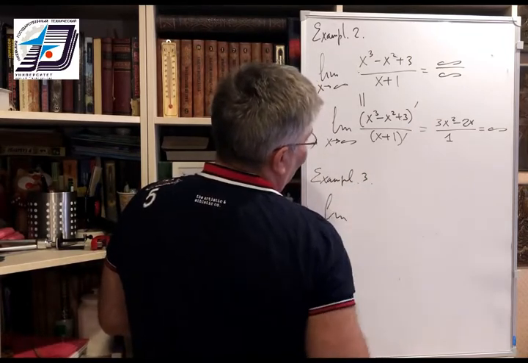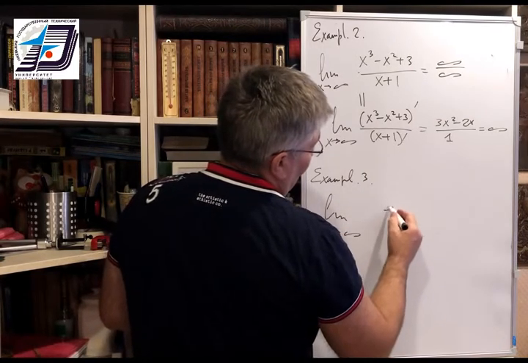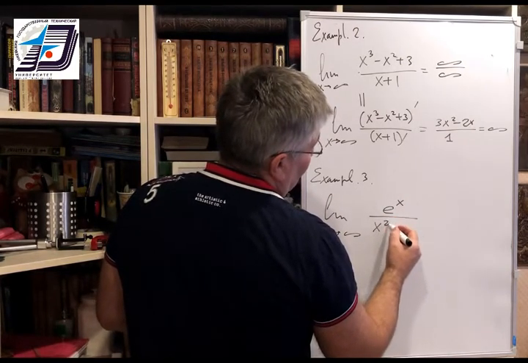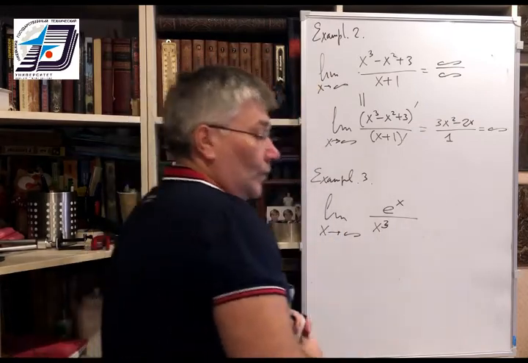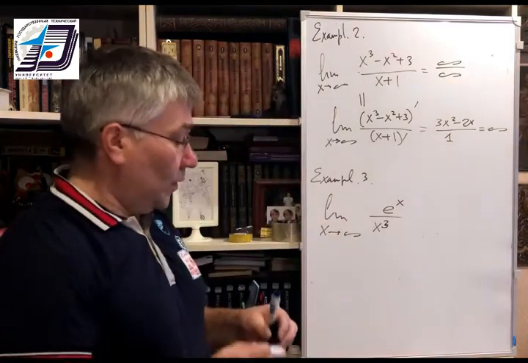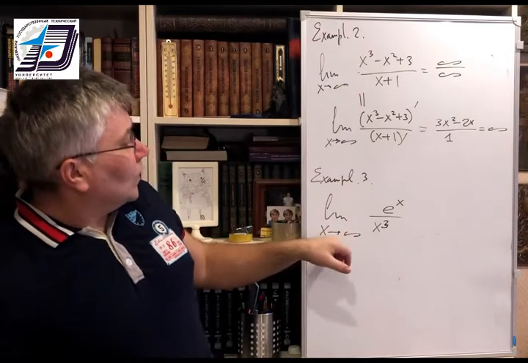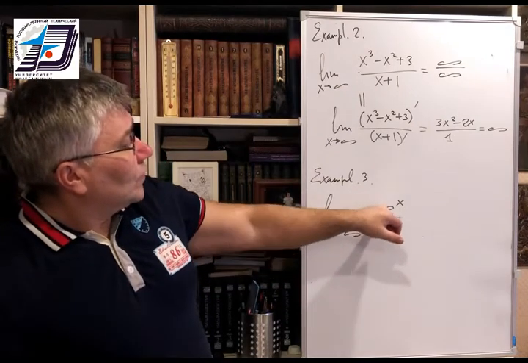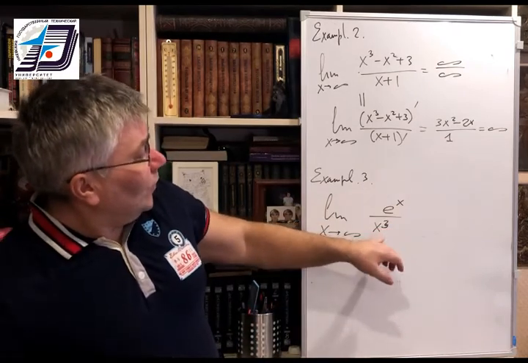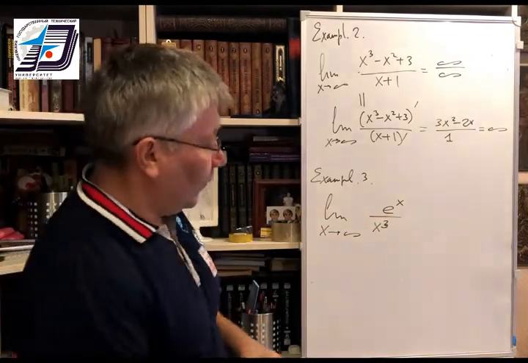Limit, for example, x tends to infinity, e raised to power x over x cubed, for example. As in the previous example, if you put x equals infinity into this formula, you have e raised to power infinity over infinity raised to power 3. You can see that we have infinity over infinity.